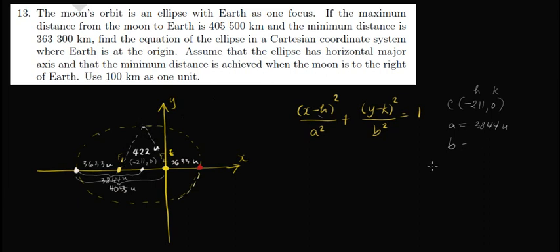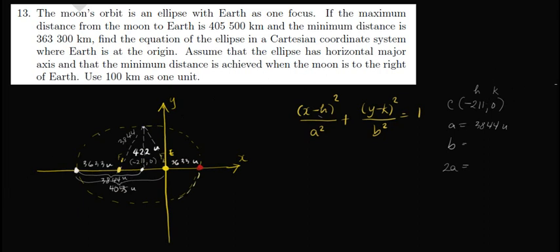Remember, what's 2a? 2a is equal to twice of this. So, basically, ang isang length nito is basically the value of a, which is also 3,844. Now, we're going to look for this height. And this one is 211.